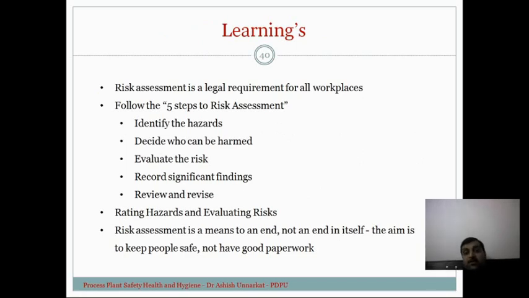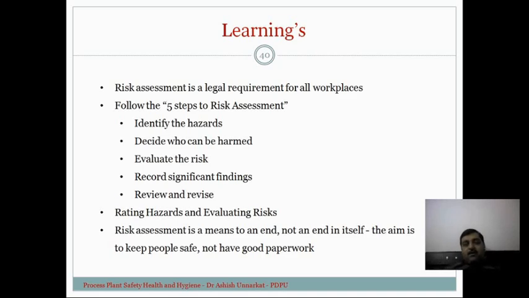So that is what we have learned in our extensive lecture on hazard identification and risk analysis. We've seen that it's a legal requirement for all workplaces. There are 5 steps to it: how to identify a hazard, decide who can be harmed, evaluate the risk, record keeping of those things, and reviewing, revising, and updating as required.